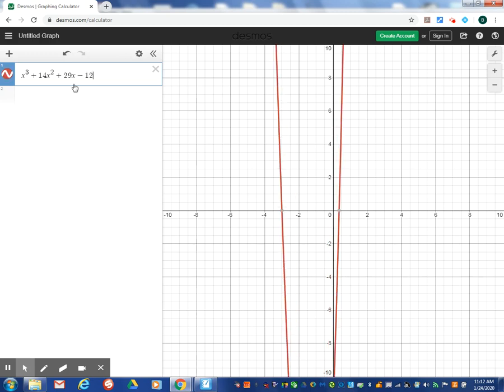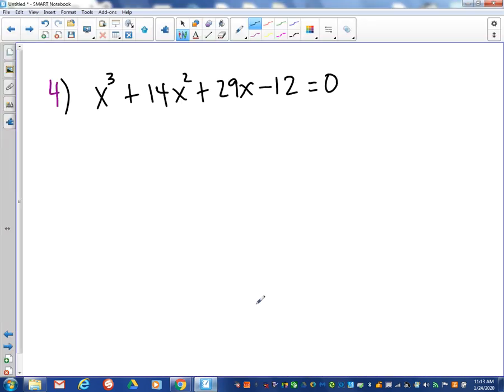Once I get this graphed, what I can see is that there's a zero here and here, but I only need one. If I can see that -3 is the x-intercept, then I can put -3 in my box and go from there to find the rest of them. So going back to my equation, I want to put -3 in the box because I got that from my graph.